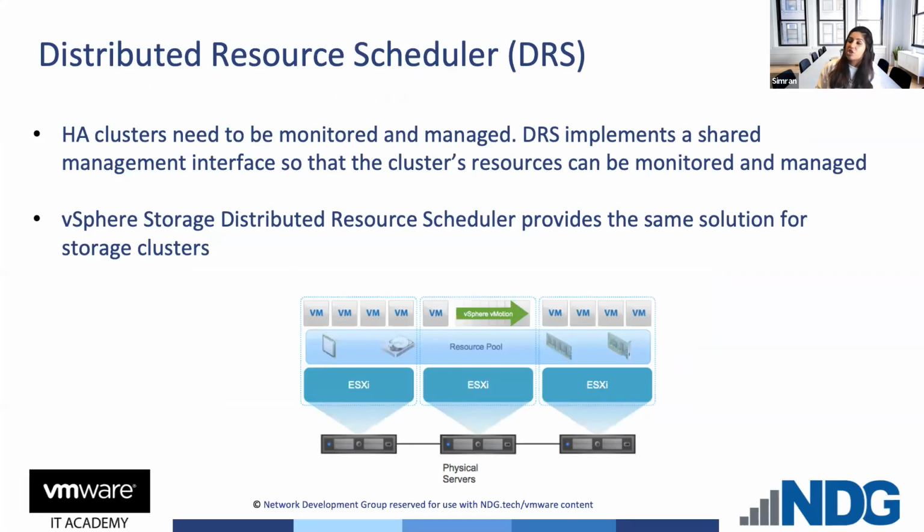Then you have Distributed Resource Scheduler. And now this is a clever little feature, right? It allows virtual machines to automatically balance themselves across ESXi hosts, particularly within a cluster. So ideally, the main goal for DRS is to place each virtual machine when it starts up in the best suited location that can run that particular virtual machine.